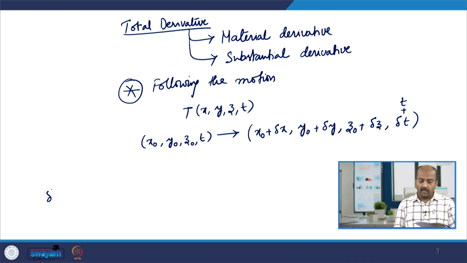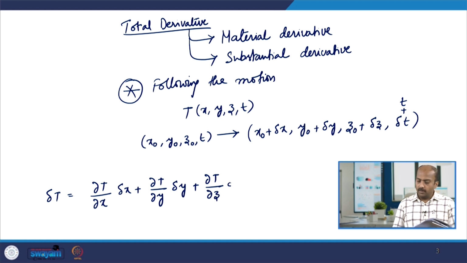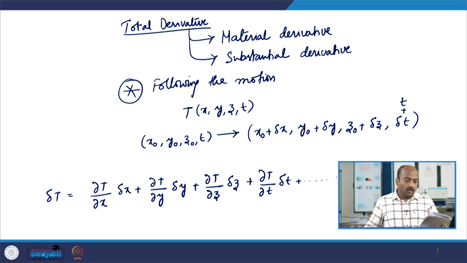Now, we can write the change in temperature as dou T over dou x times delta x, plus dou T over dou y times delta y, plus dou T over dou z times delta z, plus dou T by dou t into delta t, plus higher order terms, right.